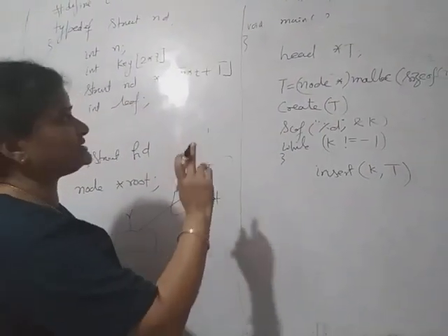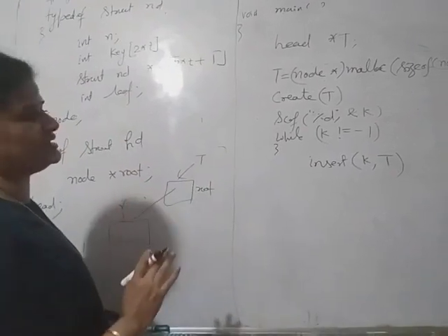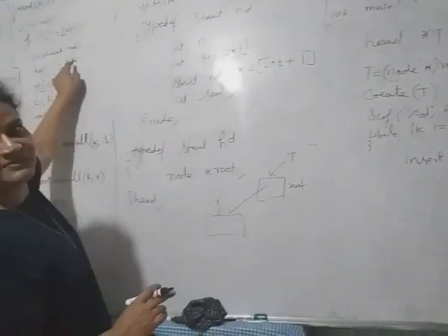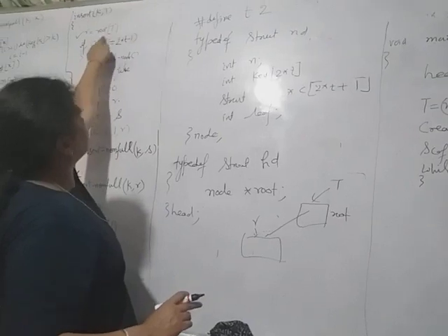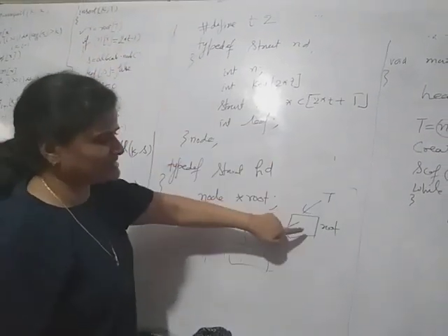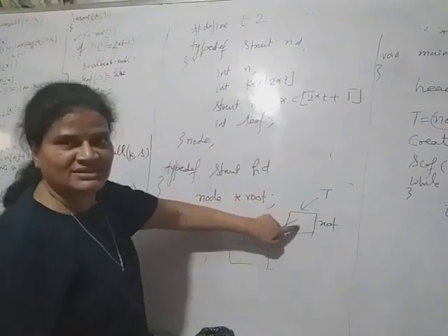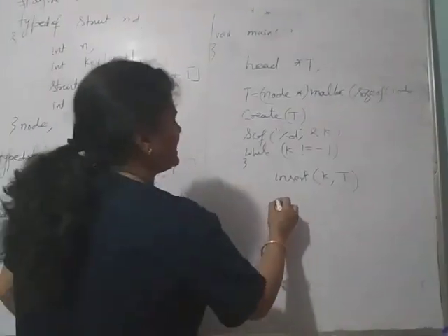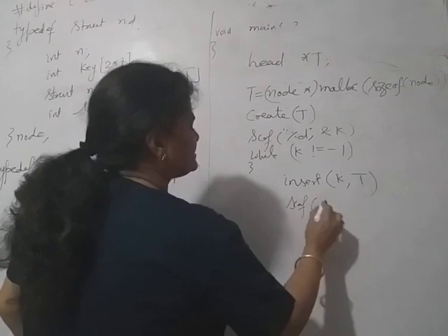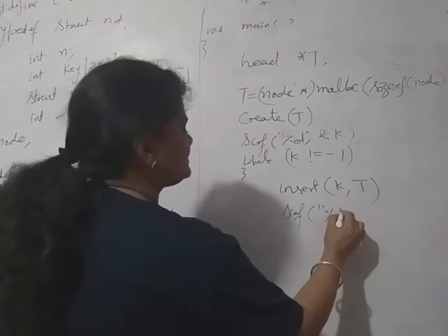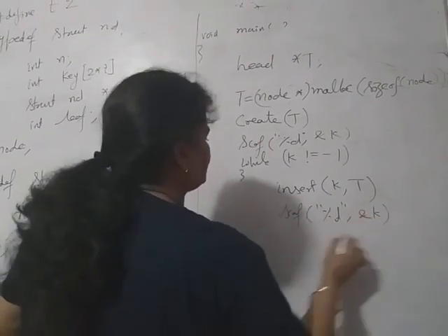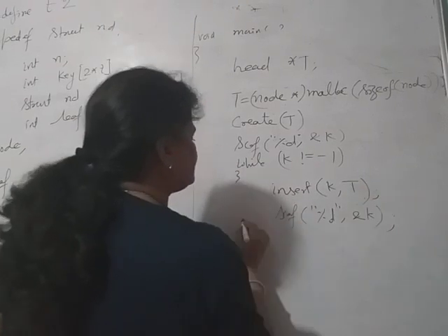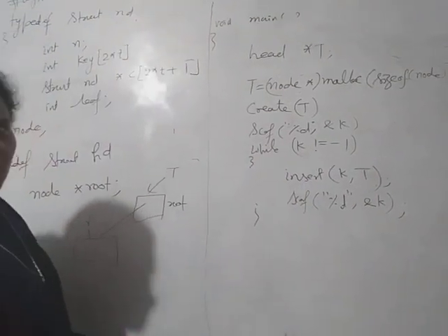At this time T is only declared to the kt, this function is called. That's why here the first time r equal to root of T, this pointer to this node is passed, and here the root of T, insert kt, and scanf %d, &k, and simply this is reading of all the keys.